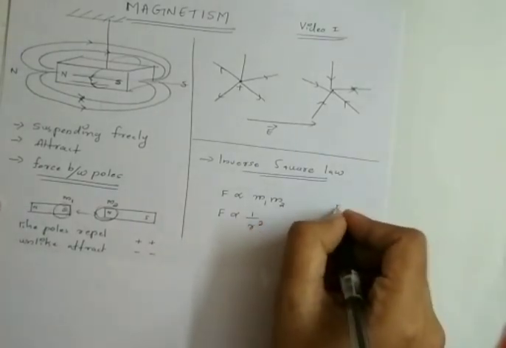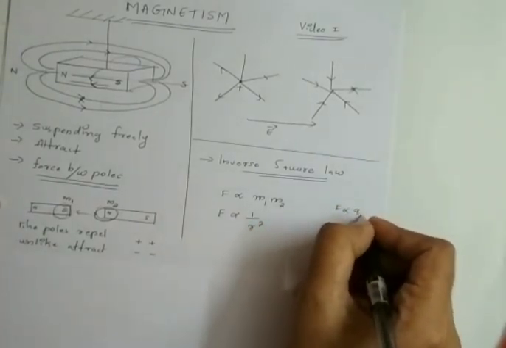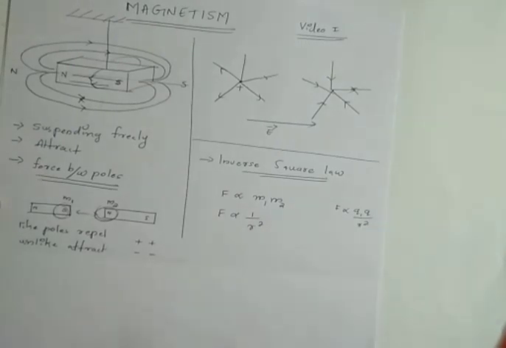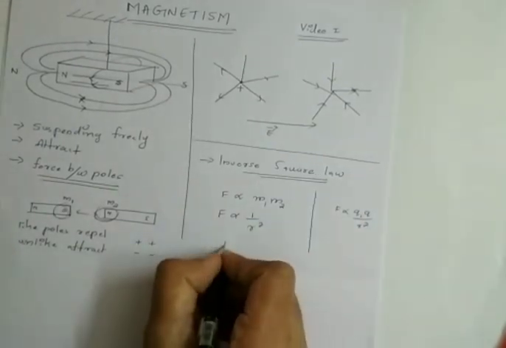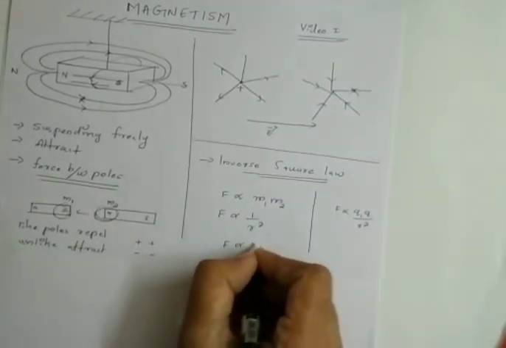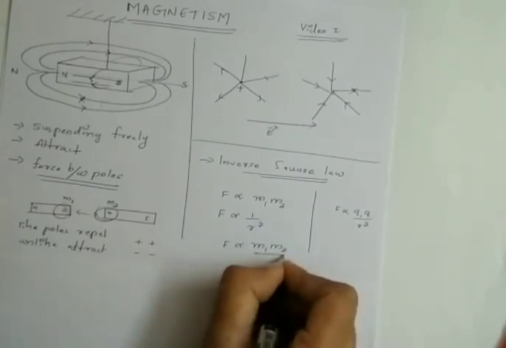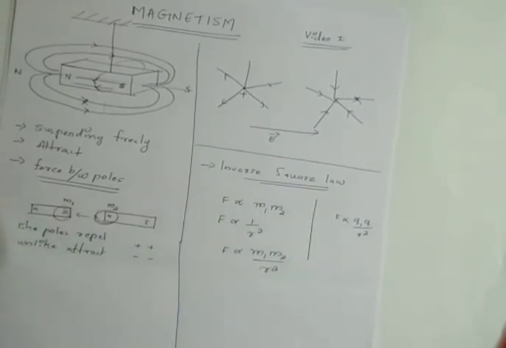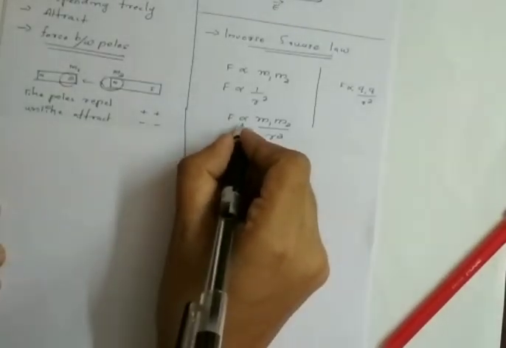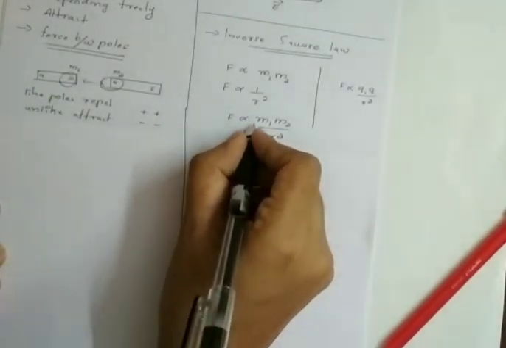Just like in the case of electrostatics, that is F is proportional to Q1 Q2, F is inversely proportional to R square. So the total force F is proportional to M1 M2 divided by R square. In order to replace this proportionality with an equal sign, we have to introduce a constant here.